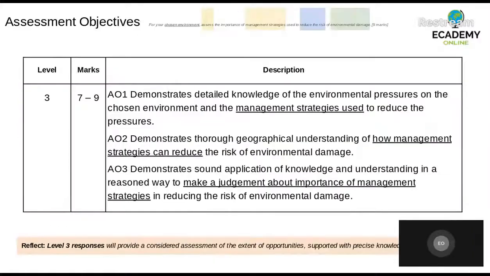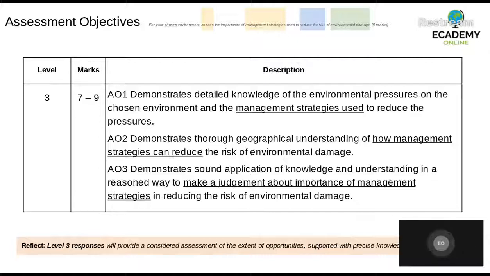Okay, so if we look at the mark scheme, it's broken down into 3 components. If you're aiming for 7 to 9 marks, these are the 3 things you need to focus on. Number 1, you need to demonstrate your detailed knowledge of environmental pressures, and you need to talk about management strategies that are used. You might want to write down a few management strategies on top of the question before you start answering it.